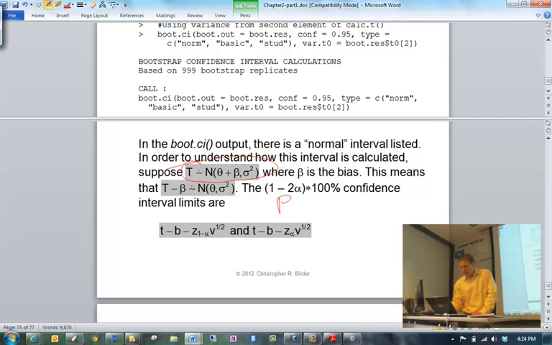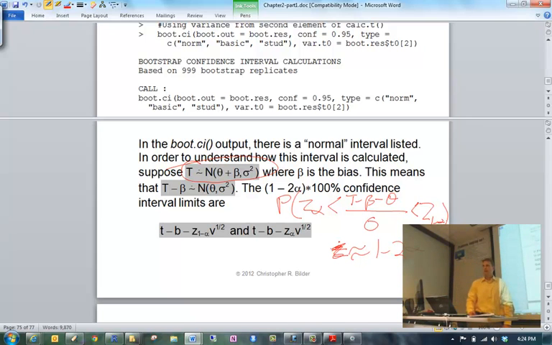So with that as a background then, what one could do, similar to what we did before, is take the alpha quantile from a standard normal that's less than (t minus beta minus theta) divided by sigma. It's less than z of 1 minus alpha. That's approximately 1 minus 2 alpha, right?